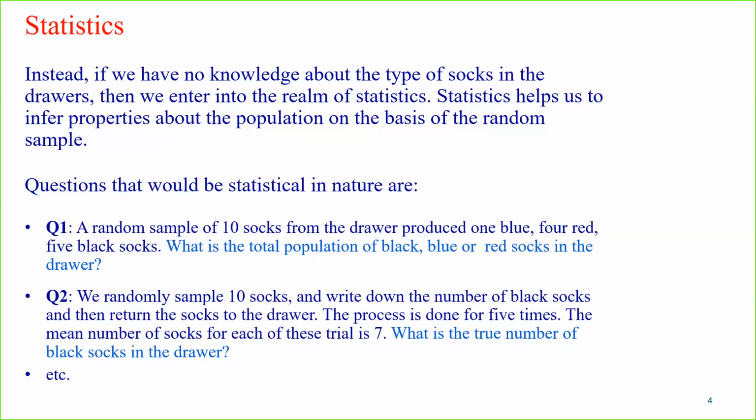So you're observing the data and trying to infer what kind of model would have generated this data. Whereas in case of probability, you know the model and you're asking what kind of data we are likely to see if this is the underlying model. That's the basic difference between probability and statistics.